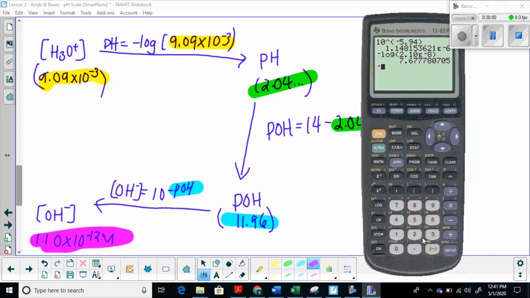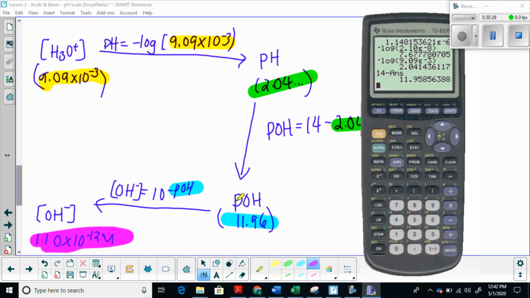So we're going to go negative log 9.09. Remember, E represents 10 to the power of negative 3. Enter. There it is, 2.04. Then we convert that into pOH. So I go 14 minus answer. So I click second, answer.